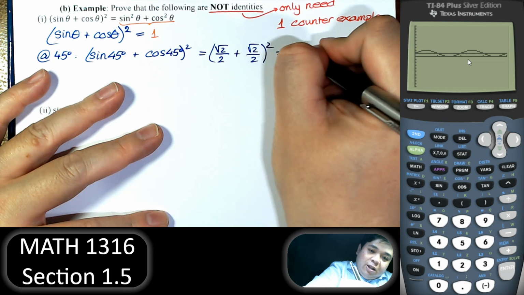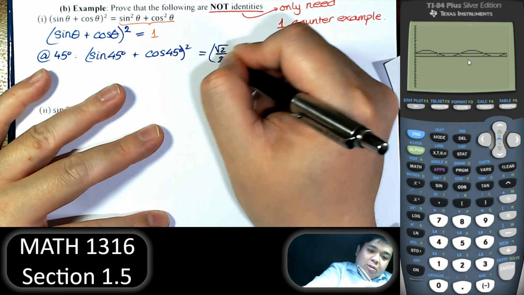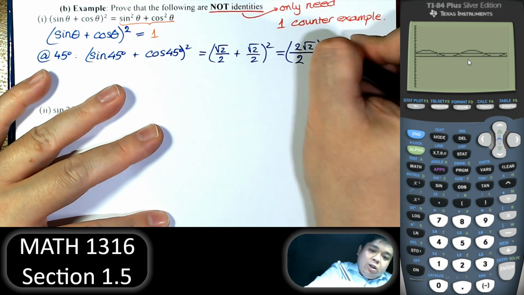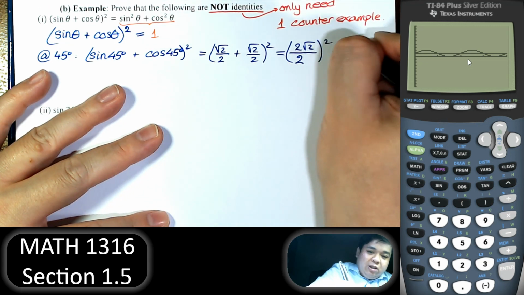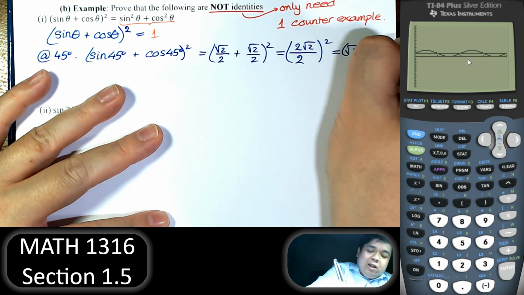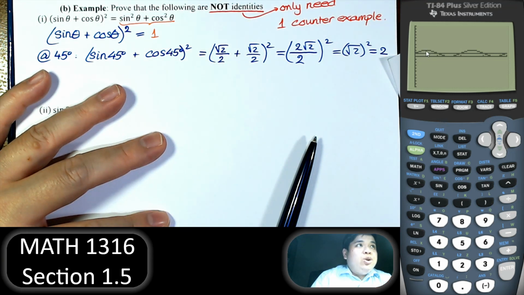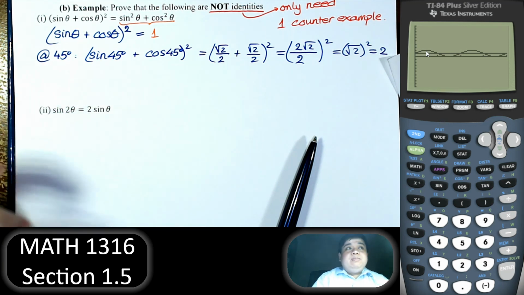So that gives us 2 at the bottom, common denominator. The top, 2 square root of 2. The 2 and 2 cancel out, and that is equal to 2. So you see the graph, indeed it is equal to 2 at 45 degrees.